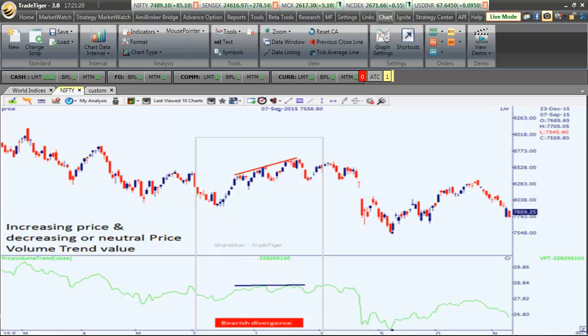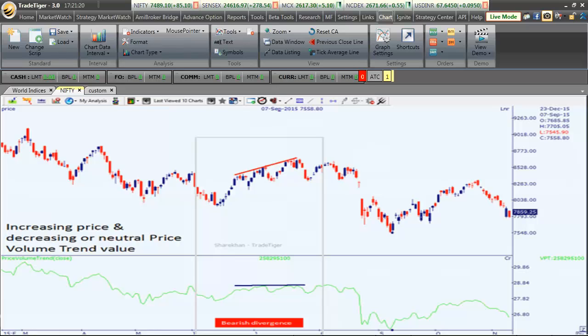In the highlighted area, we can have a look at the bearish divergence. Now, the meaning of bearish divergence, as I discussed before: price continuously trending in the upside direction. However, PVT, which is price volume trend, was moving in the opposite direction or sideways direction.